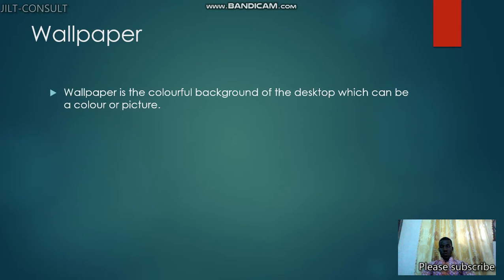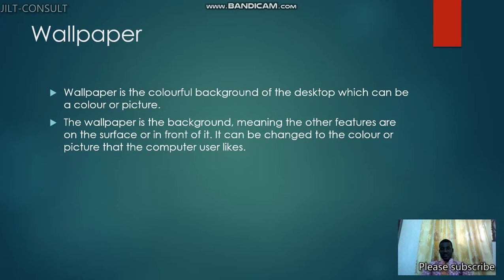So what's wallpaper? Wallpaper is the colorful background of the desktop, which can be a color or a picture. In the previous tutorial, we demonstrated how the wallpaper works and how to change the wallpaper. And in this tutorial also, we are going to go over that again and learn how to do it well.